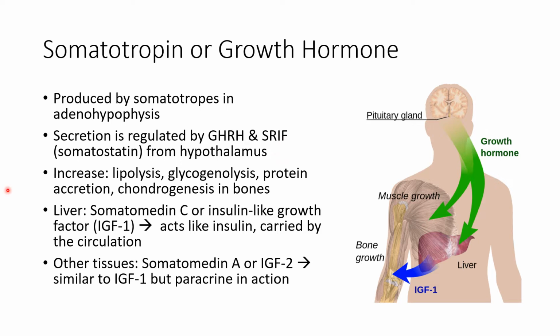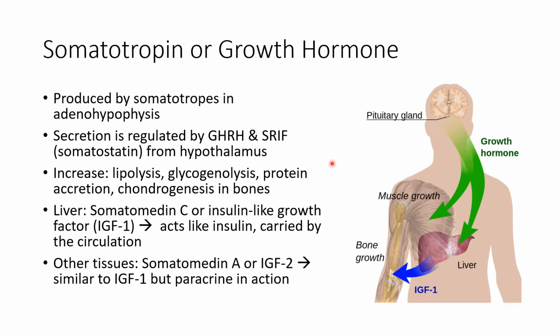So what's the general function of growth hormone? Of course, it increases lipolysis, the breakdown of fat, and glycogenolysis, the breakdown of glycogen. The overall goal of this lipolysis and glycogenolysis is to break down energy sources, your lipids and your glycogen, to increase the available energy sources for growth.